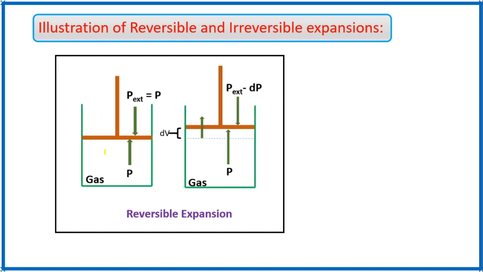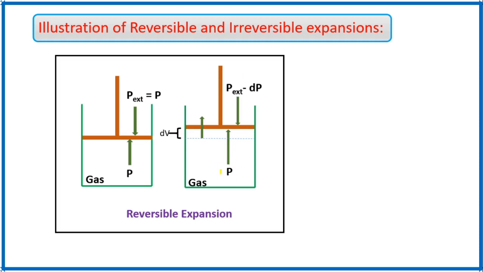Let us suppose the piston is getting expanded with this gas to a small extent, like dV. That means the piston is expanding in such a way that the volume of the gas increases by a small extent dV. When will it happen? When this P value is a little greater than the external pressure.